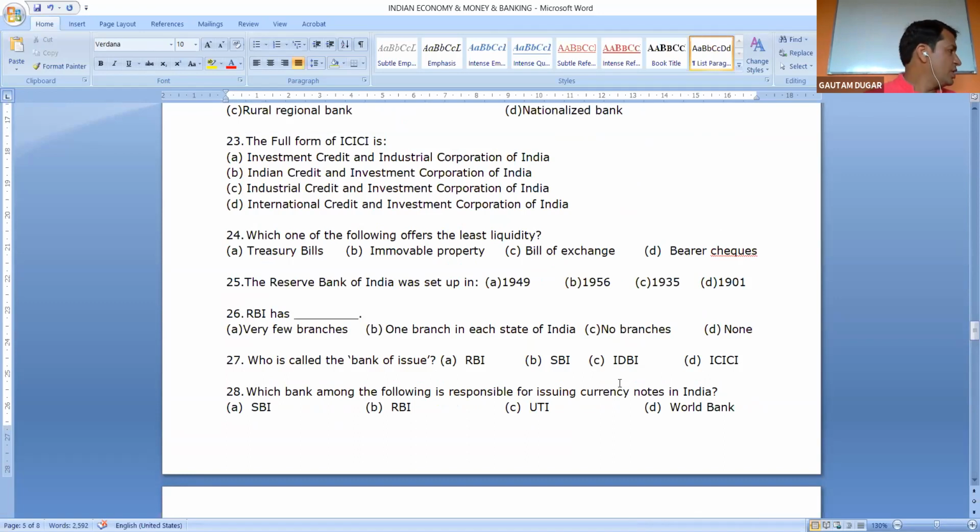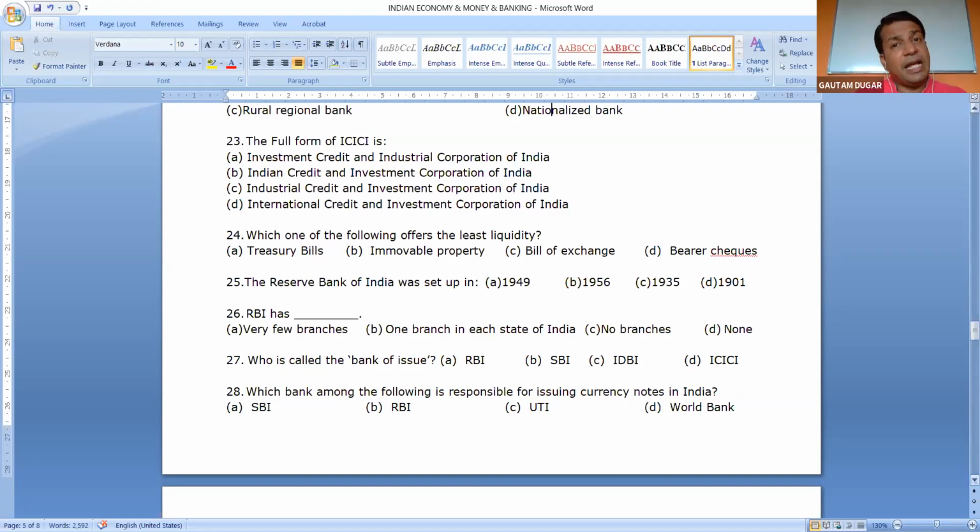Question is, when was the RBI established? Set up. I hope you remember I said it was set up in 1935. In 1949 it was nationalized, but it was set up in 1935. RBI has no branches, remember.